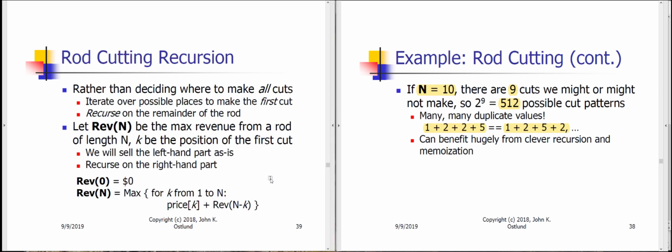All right, so here is how we're going to set up our recursive solution to this problem. It's too hard to figure out where to make all of the cuts to get the optimum revenue.